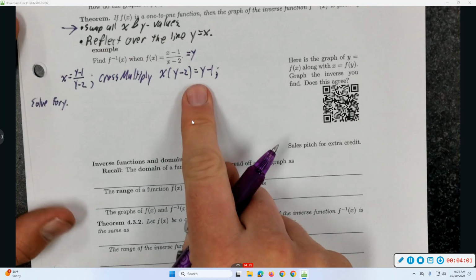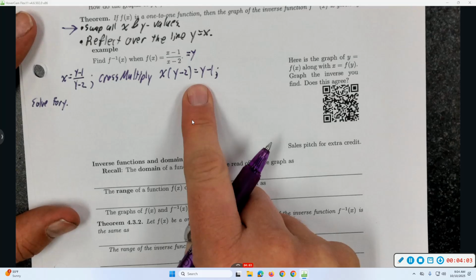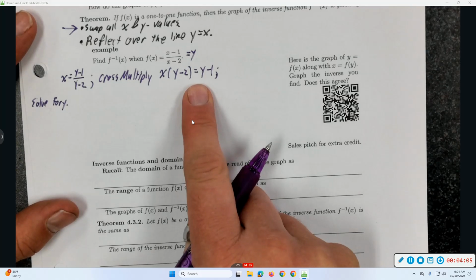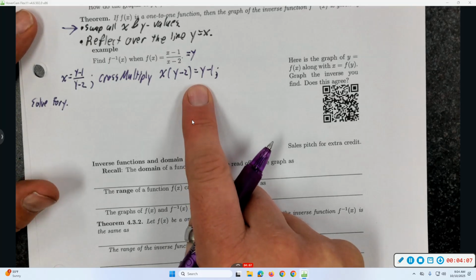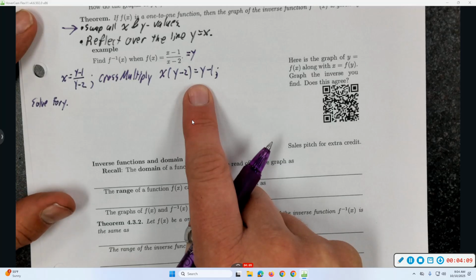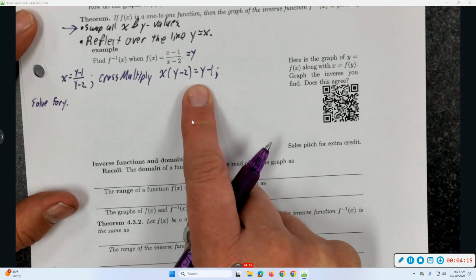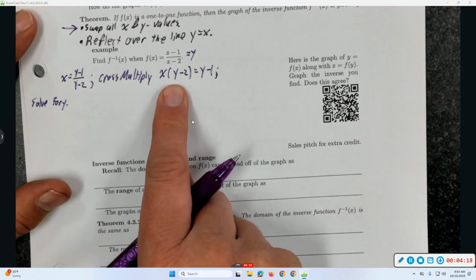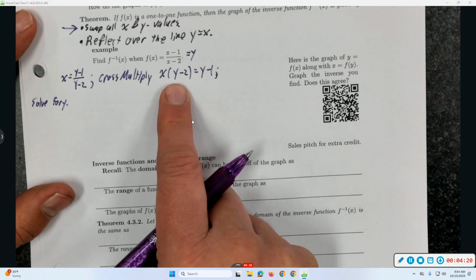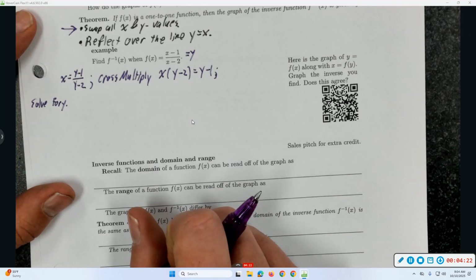So I want to get y on its own. So I think I want to get all the y's onto the same side, get all the things that don't involve y onto the other side. But before I can do that, the y is trapped inside those parentheses. So I think I want to get rid of those parentheses. So what should I do?